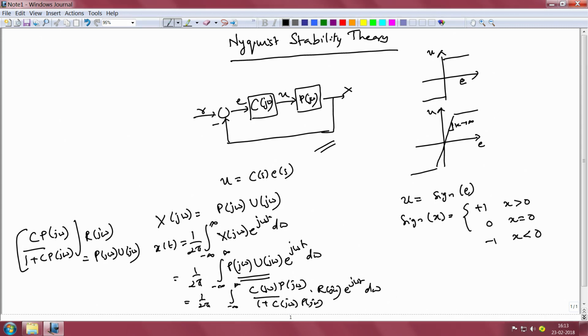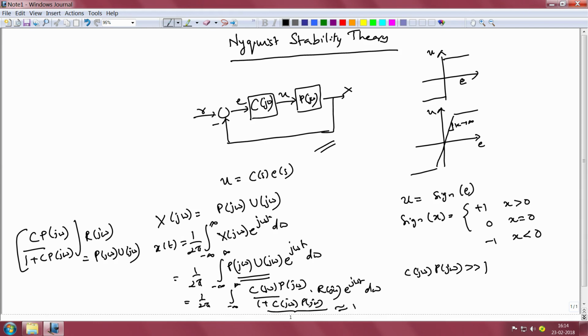So, what we see therefore is that in the frequency range where C of j omega times P of j omega is much greater than 1, the term here would be very nearly equal to 1, because C times P divided by 1 plus C times P will be approximately equal to 1.